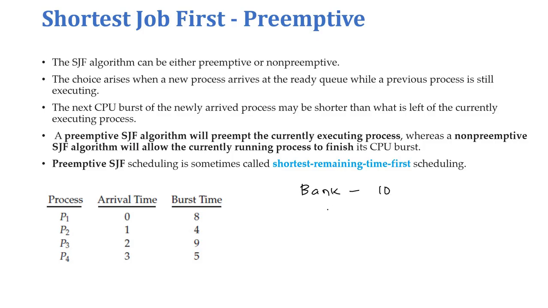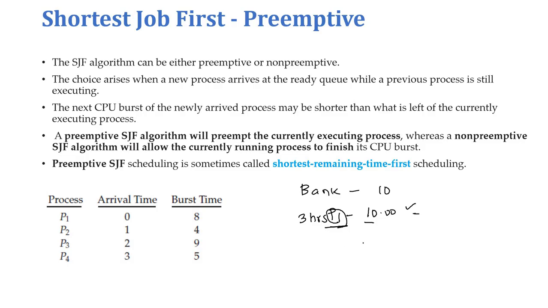The first person enters the bank at 10 o'clock itself, and no one else is there. He needs 3 hours to complete his process. Just assume it. Person 1 needs 3 hours, but at 10 no one else is there, so the manager starts giving service to person 1.